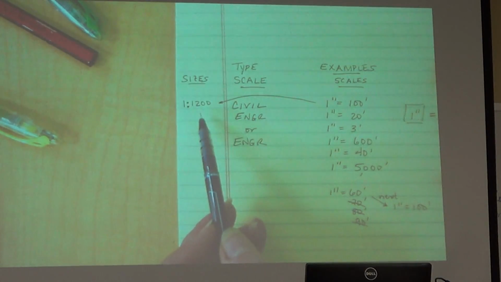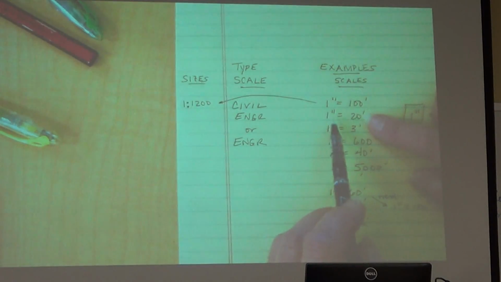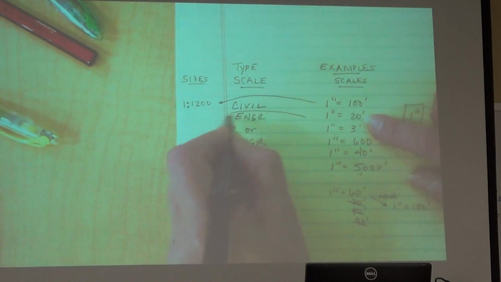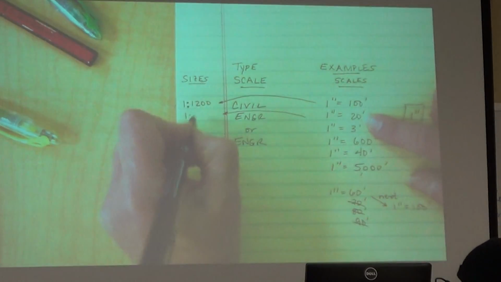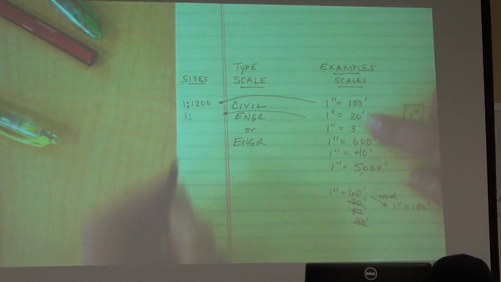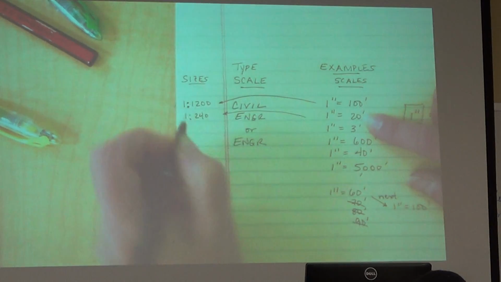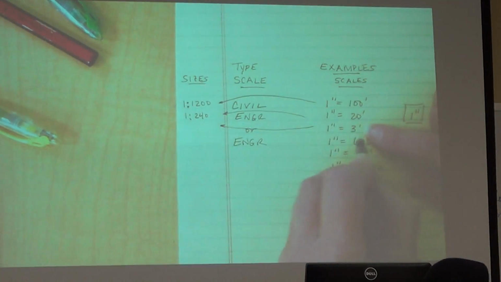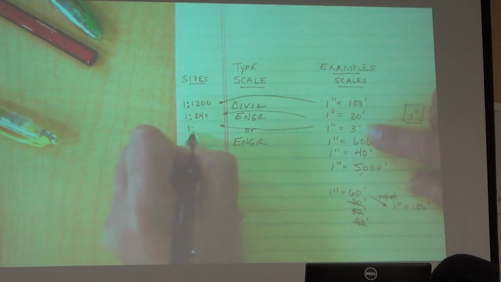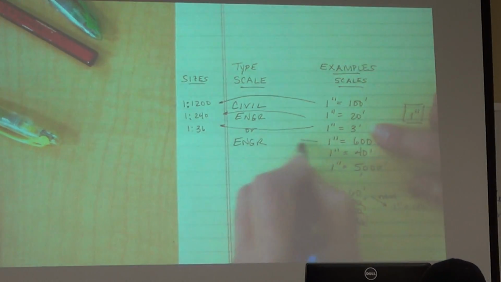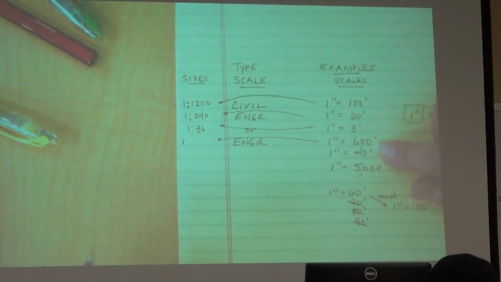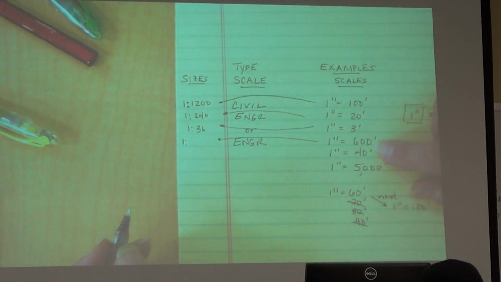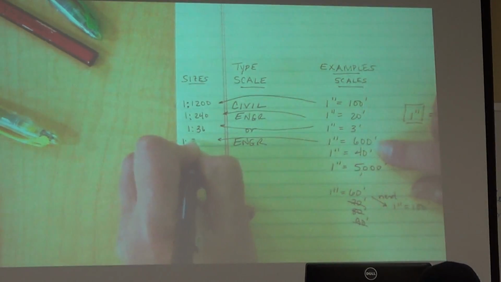Units are the same. So what is 1 inch is equal to 20 feet? What does that come out to be? 1 to? 240. What would 1 inch is equal to 3 feet be? 1 to 36. How about the next one? 7,200.